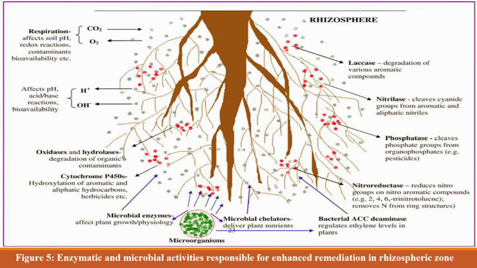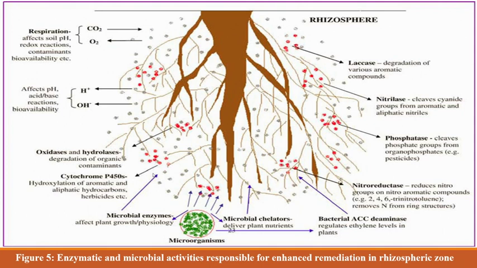Now these organisms produce oxidases and hydrolases that degrade organic compounds. They also produce cytochrome P450s. The hydroxylation of aromatic compounds requires these particular enzymes.